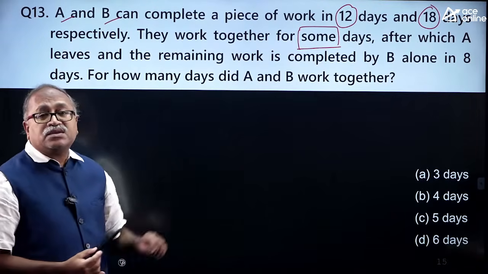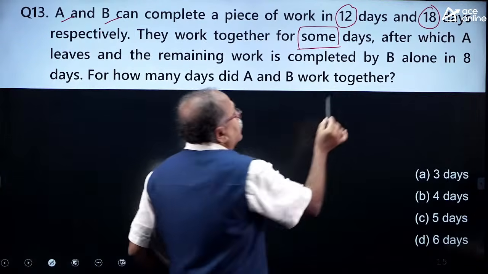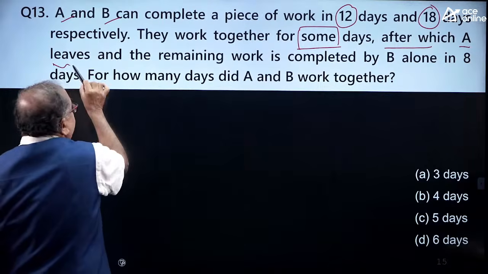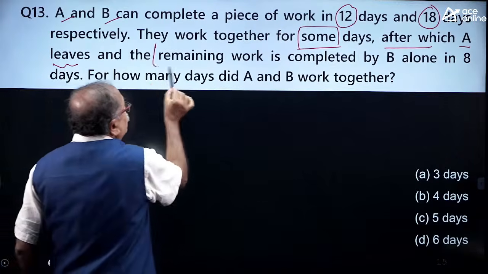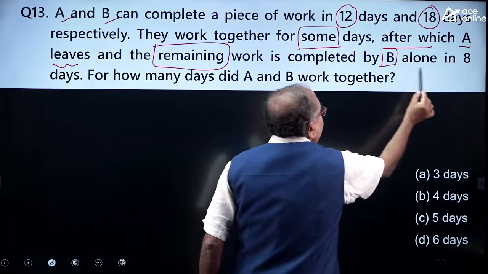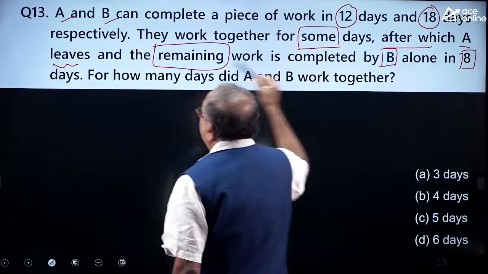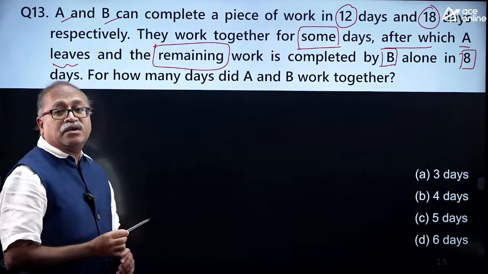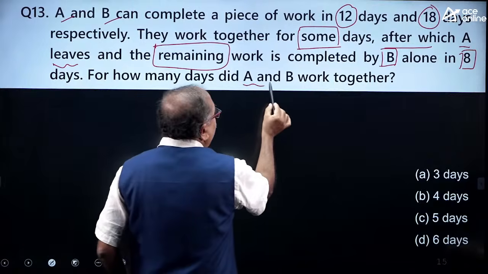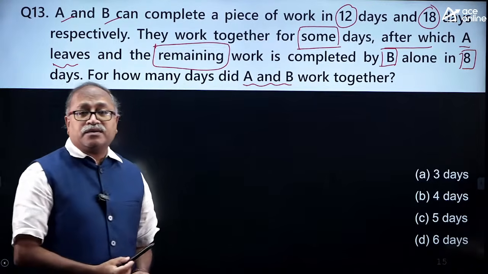Now here it says they worked for some days, after which A leaves, and the remaining work is completed by B alone in 8 days. So how many days did A and B work together?